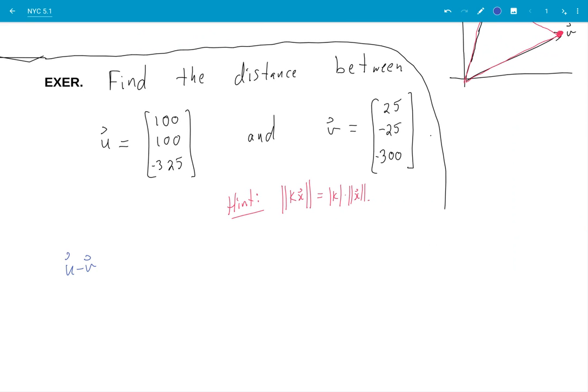u minus v, oops, that arrow is funky monkey, okay, subtracting, I get 75, 125, and then negative 25. So just for fun, let's factor out negative 25. And I'll get negative 3, negative 5, 1.